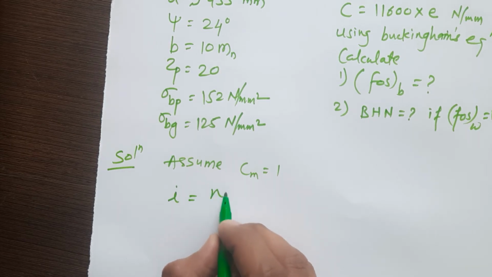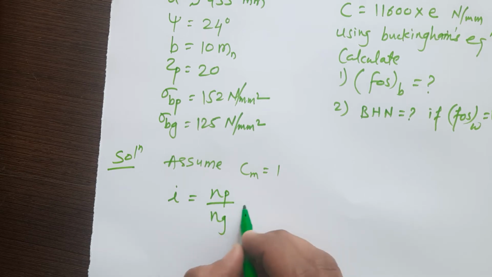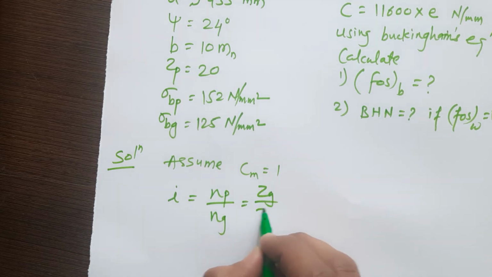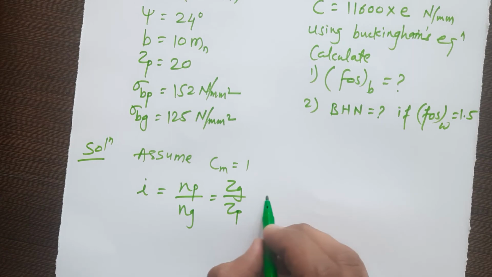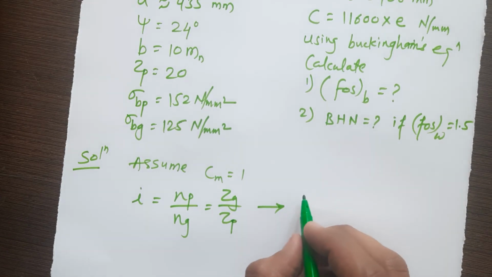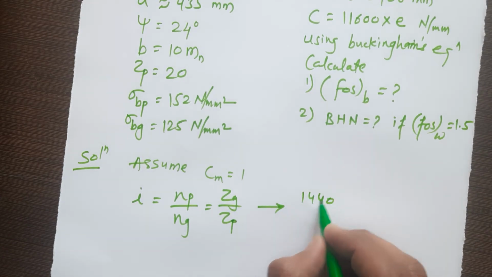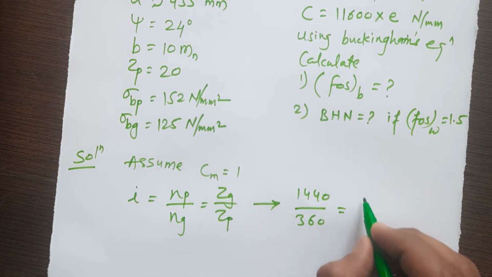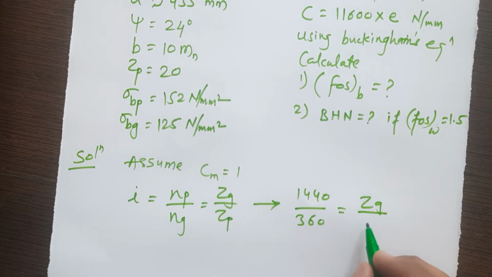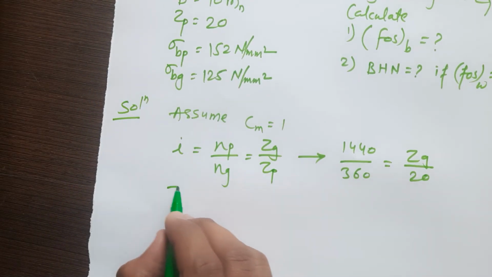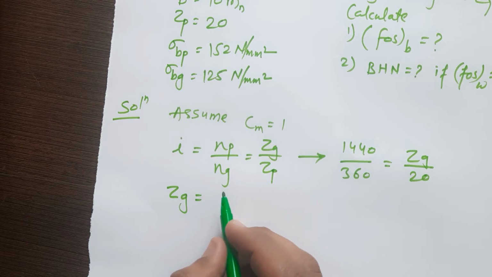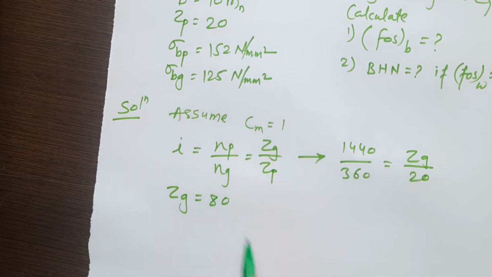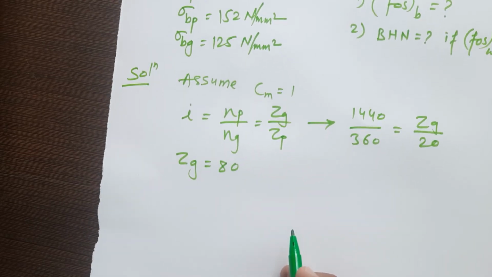So i is equal to NP by NG is equal to ZG by ZP. If you substitute values, NP is 1440 divided by NG is 360 is equal to ZG divided by number of teeth on pinion, 20. From this you can calculate ZG. So it is 80.